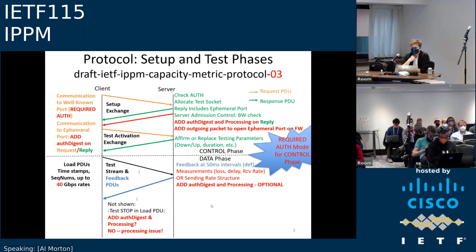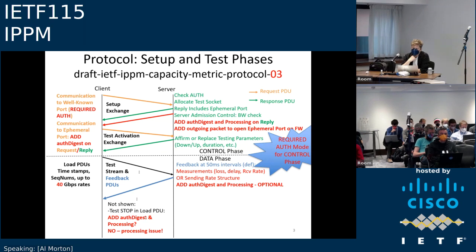The feedback we got, which we talked about at IETF 114, and then continued to decide not to do, is to add authentication digest and processing to the load PDUs. We're sending lots and lots of packets there. Very often, they're at the rate that the CPE can barely handle without doing anything extra, like authentication, and certainly not encryption.